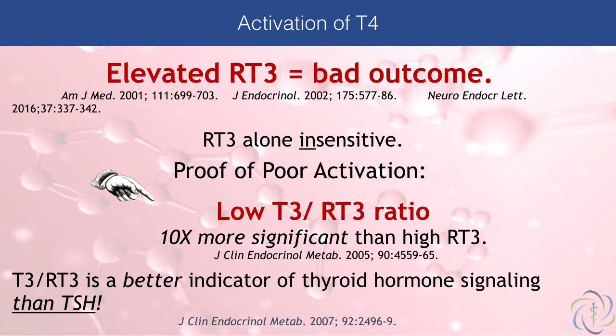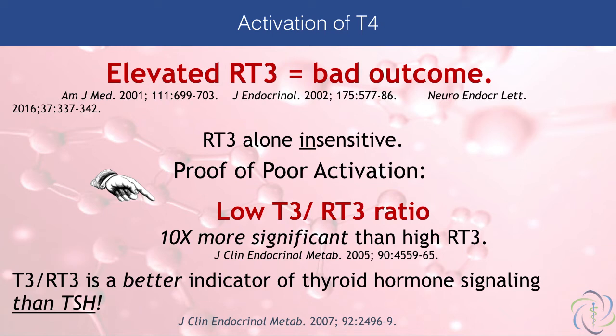So how the activation of T4 proceeds is critical to how the thyroid function is going to be in the body. If there is elevated reverse T3, the medical literature indicates that there is definitely correlation with bad outcomes. Bad outcomes means things like death and disease.